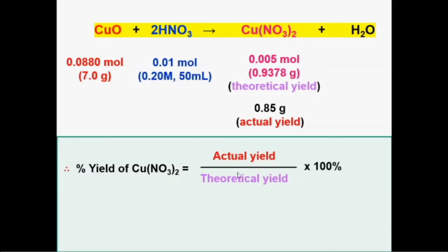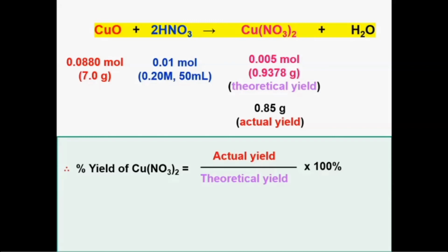Remember guys, for this actual yield and theoretical yield, you have two options: whether you want to use the moles or the grams. It is not necessary to use grams; we can also use moles. But in this case, I'm going to use the masses, in grams.